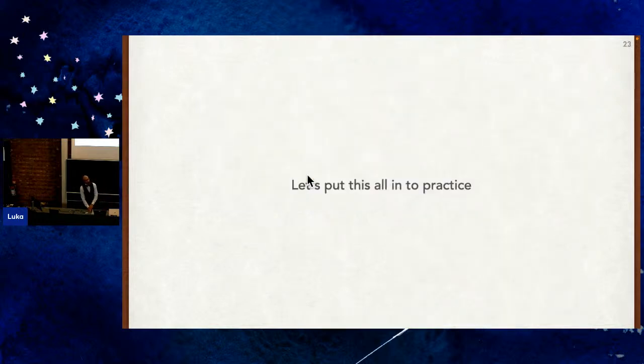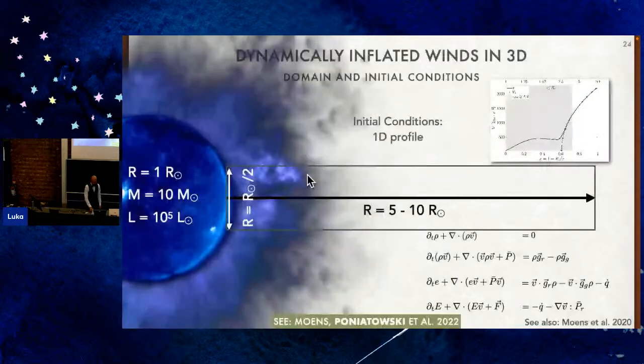Okay, this covered most of the background on what goes into radiation hydrodynamics. The next step will be to jump into actual simulations and see how they work. Before that, let me explain how the simulations themselves work. For our simulations, we assume that the radius, mass, and luminosity of the star are given.